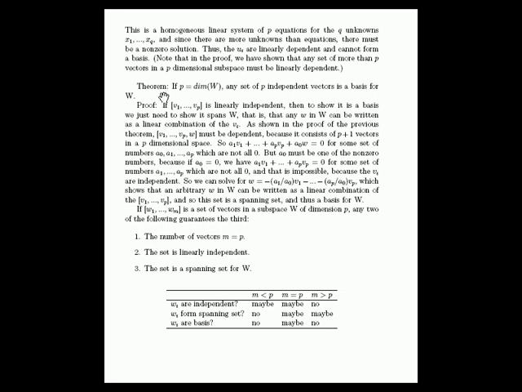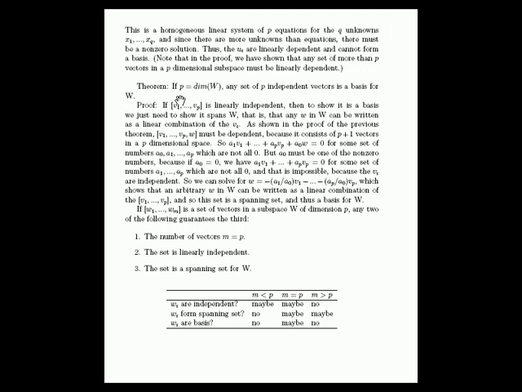We're assuming they're independent, so you need to prove that if they're independent, they're guaranteed to span the space. If you have 10 independent vectors in a 10-dimensional space, you can be sure they're going to span it, and the proof is below. Any 2 independent vectors in a two-dimensional subspace like the xy plane are sure to span the space.